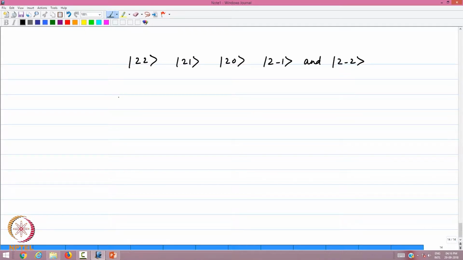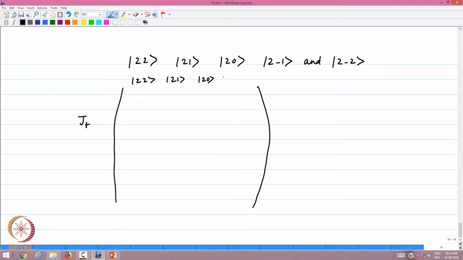Therefore, following the same argument that we had, if we write j plus as a 5 by 5 matrix, remembering that the basis functions were ordered in this form, |2,-1> and |2,-2>, and in the row state they were ordered this way: |2,2>, |2,1>, |2,0>, |2,-1>, |2,-2>.